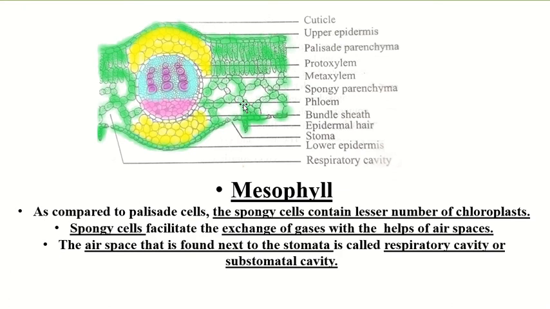As I said before, when compared to the palisade cells, spongy cells have a lower amount of chloroplast. The spongy cells facilitate gaseous exchange with the help of the air space they contain. The air space found next to the stomata is called the air chamber or respiratory cavity or substomatal cavity.